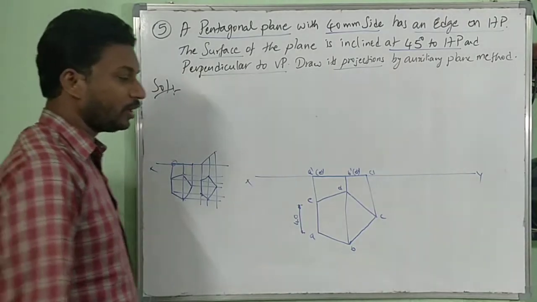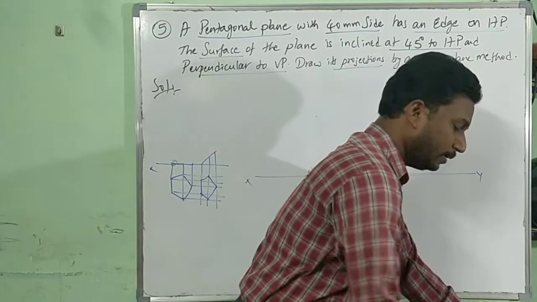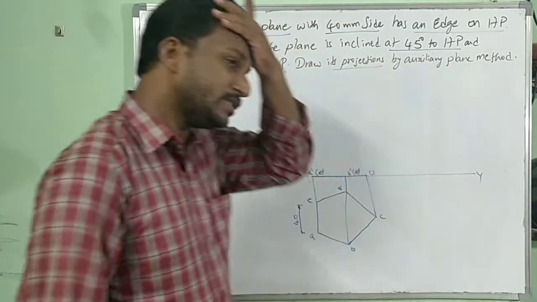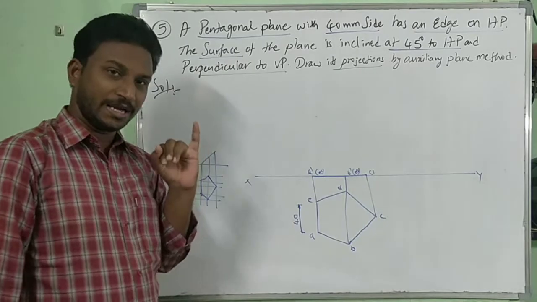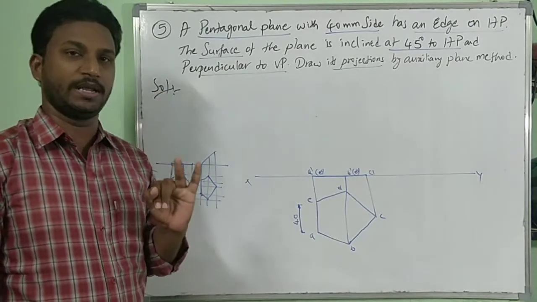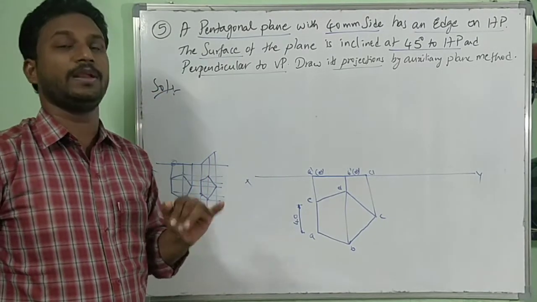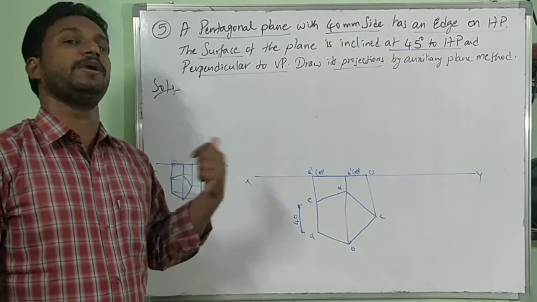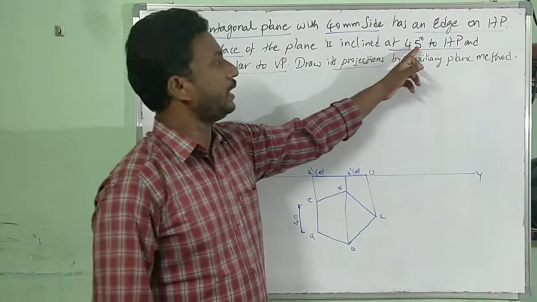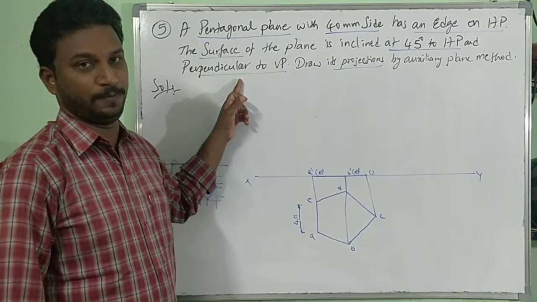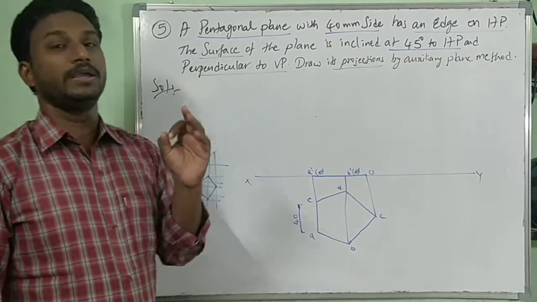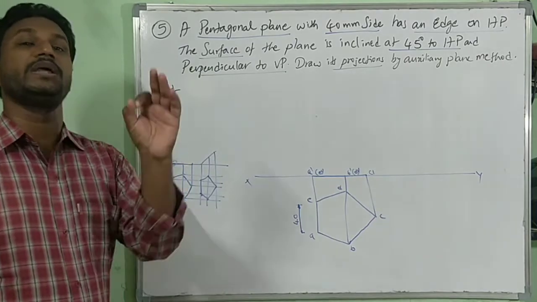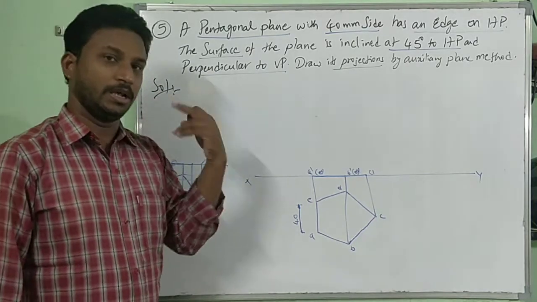Now from here, what are we supposed to do? Auxiliary plane method. Auxiliary plane method means, you remember, there are two types of auxiliary planes: auxiliary inclined plane and auxiliary vertical plane. Auxiliary inclined plane will be inclined to HP and perpendicular to VP. Auxiliary inclined plane is used to determine the auxiliary top view, which is the diminished shape of the top view. You remember this, recall this.